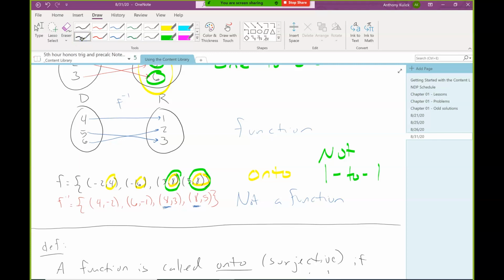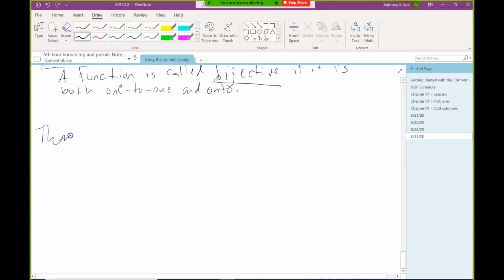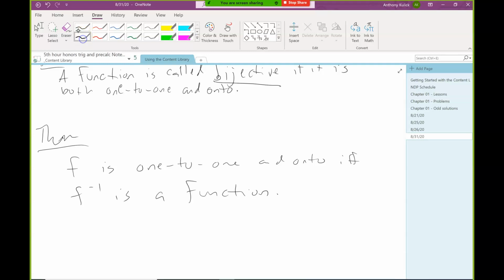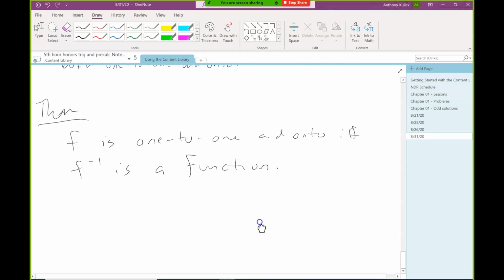This leads us to another theorem today, where we say that f is one-to-one and onto if and only if f inverse is a function. Everybody okay there? Good.